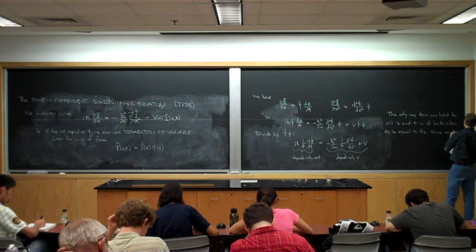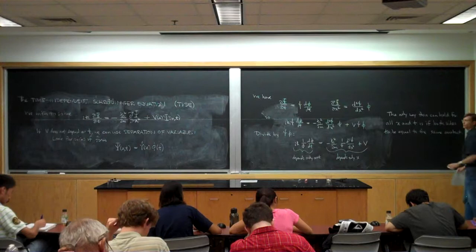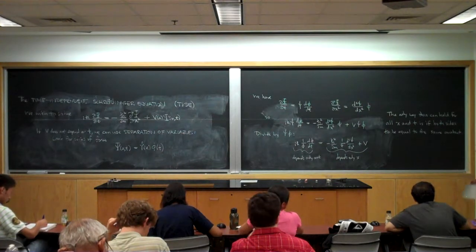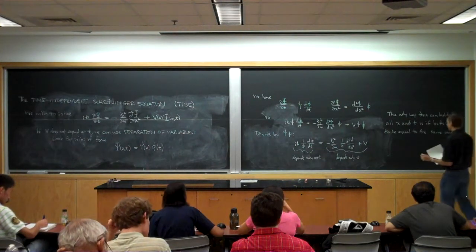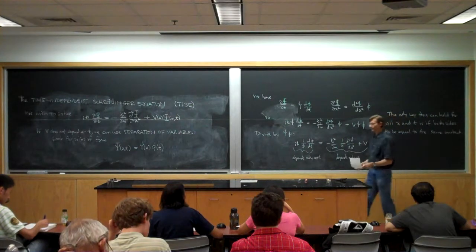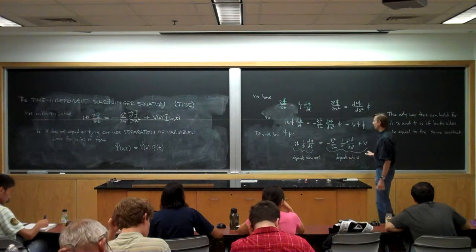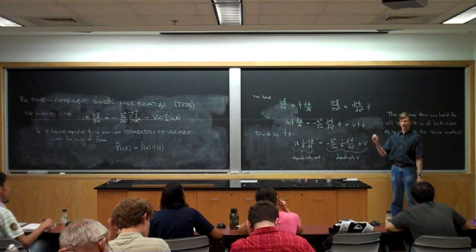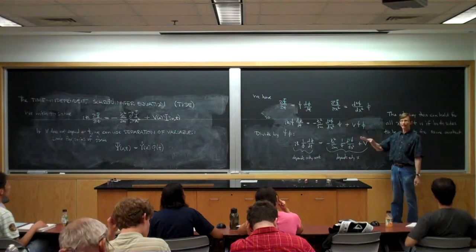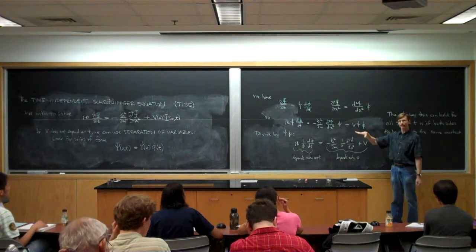And it's very important to be sure that you understand the argument as to why that is. The argument is that otherwise, suppose we held t constant and varied x.